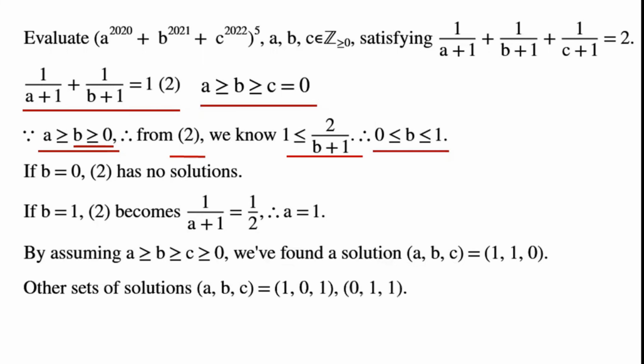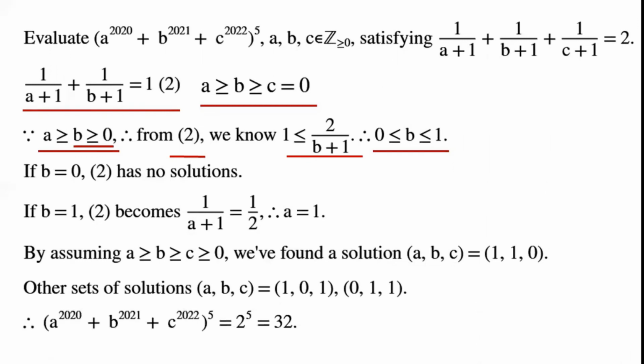Other sets of solutions are (a, b, c) = (1, 0, 1) and (0, 1, 1). So a equals 1 or 0, similarly b equals 1 or 0, and c equals 0 or 1.